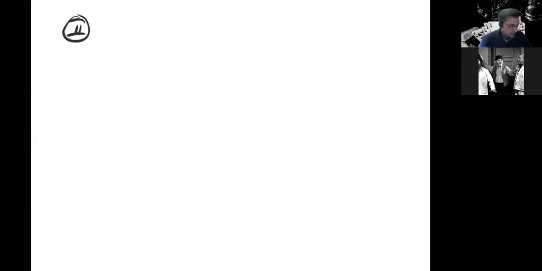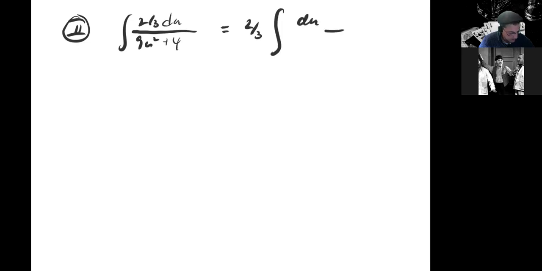So now we come to the second integral, which, if you go back, is 2/3 du over 9u squared plus 4. I'm going to rewrite this in a slightly different fashion. I'm going to first bring the constant out, and then you have du over (3u) quantity squared plus 2 squared. That suggests a trig substitution.